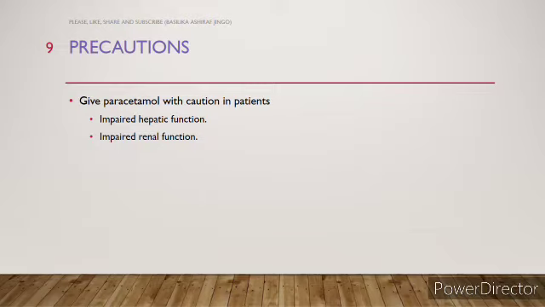Then patients with impaired kidney function, remember metabolism takes place within the liver, meaning if there is any problem with the liver, metabolism will not be adequate. Excretion takes place within the kidneys, meaning if there is anything wrong with the kidneys, excretion may not be done adequately.